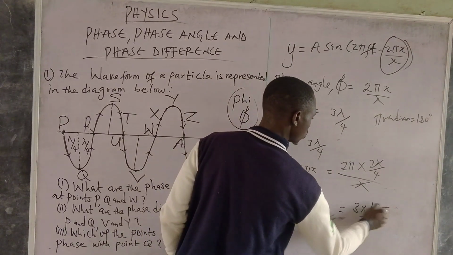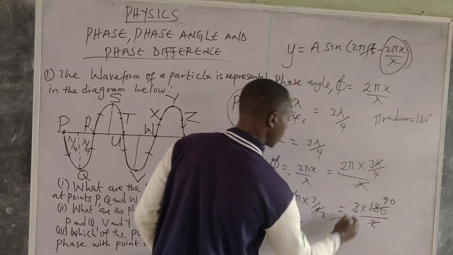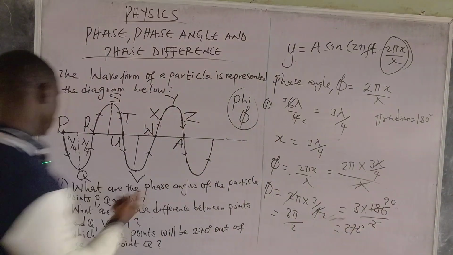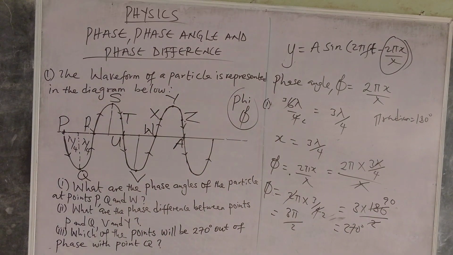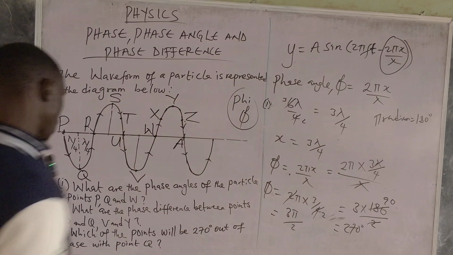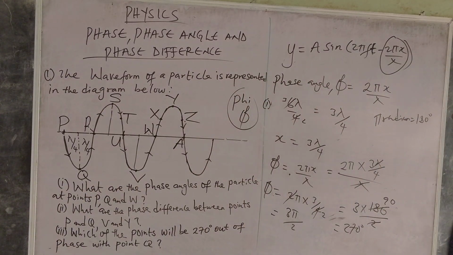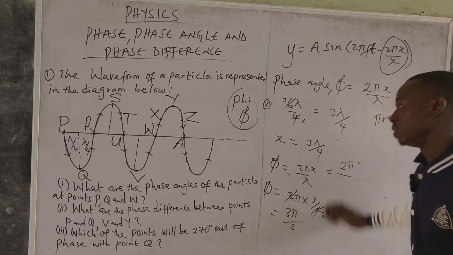That's 90. And 90 times 3, or 3 times 90, that's 270 degrees. So it means the phase angle of the point W is 270 degrees.